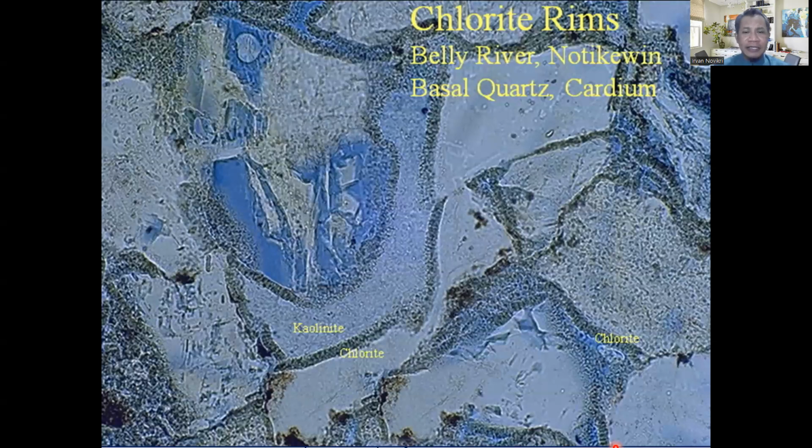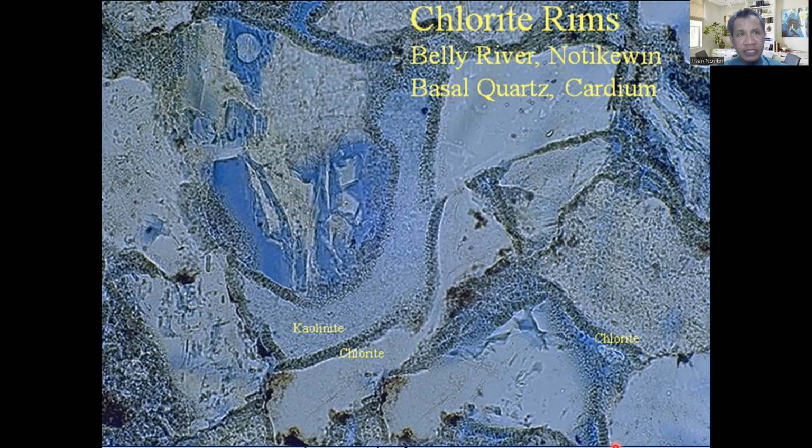This is another interesting slide, I believe, from a petrographic point of view. This is what we call chlorite rims. This olive green is isopachous, and this is just a word that means an even thickness. Rims have precipitated in this formation, and chlorite is very common in this formation and across the region.